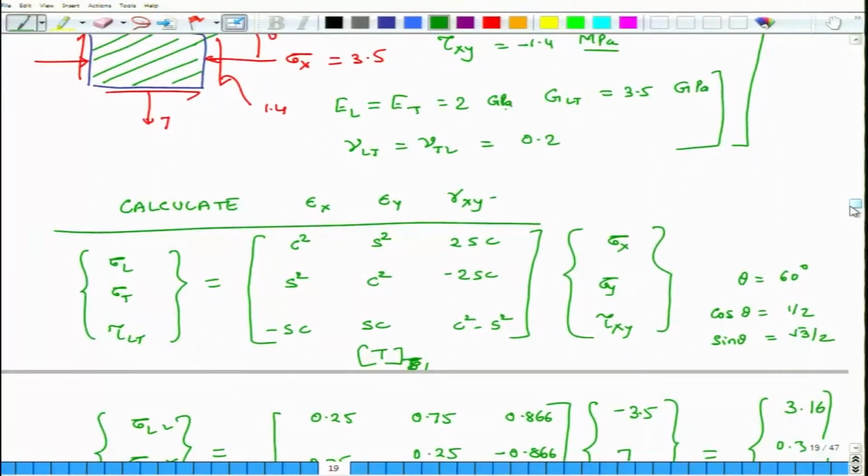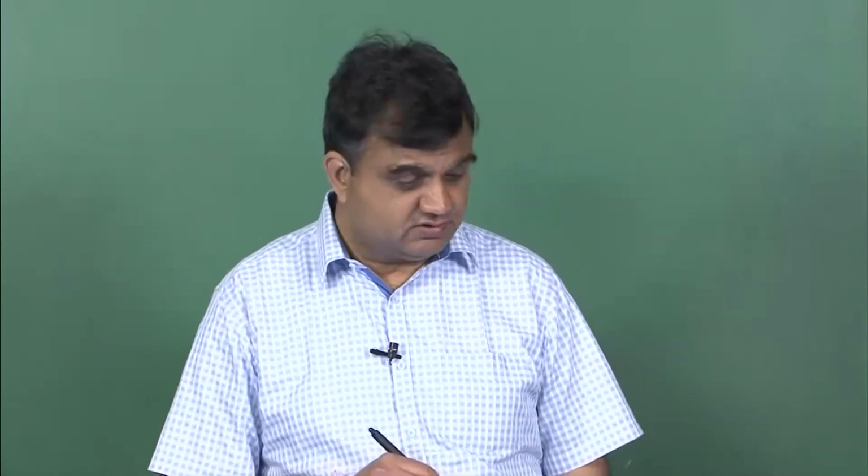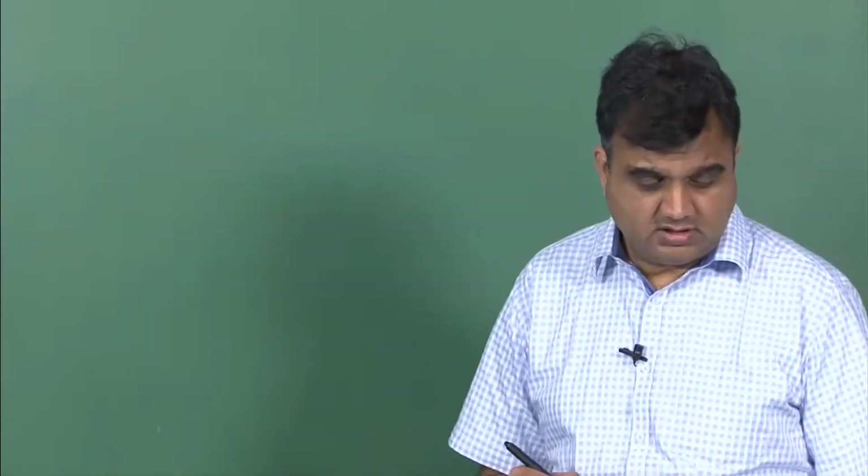Suppose you want to calculate the inverse of this first transformation matrix T1. Effectively, you replace theta by minus theta and that will give you the inverse of it. So, the inverse of T2 is obtained by replacing theta by minus theta, so you put minus 60 degrees and that will very quickly give you the solution.